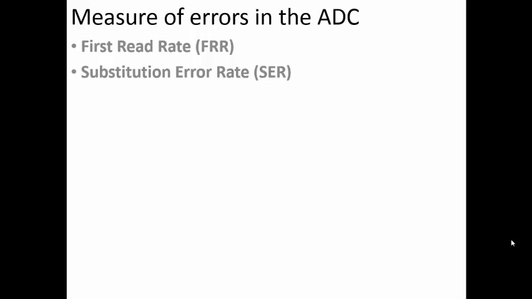Usually the substitution error rate should be as low as possible, so that the total number of errors will be very low, and the automatic data capture system will function efficiently. Otherwise the data will be read incorrectly, so again it can lead to a chain reaction and the entire system may collapse. So first read rate should be very high, and substitution error rate should be as low as possible, close to zero ideally.